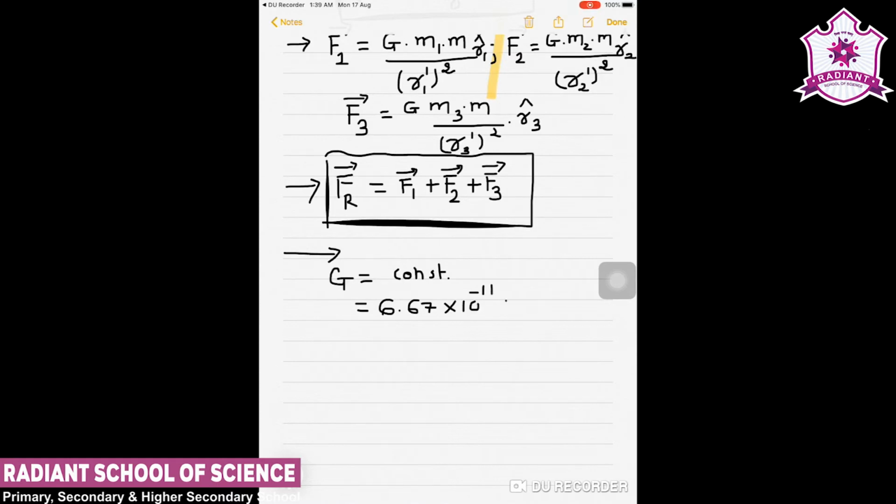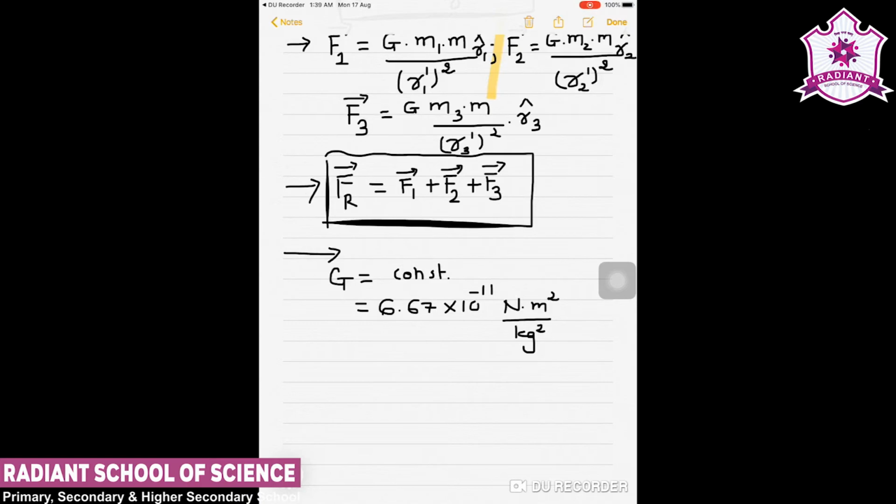Its unit is Newton meter square per kilogram square. So this is the unit of the gravitational constant, and this is its value.